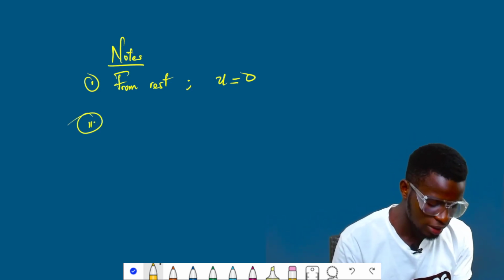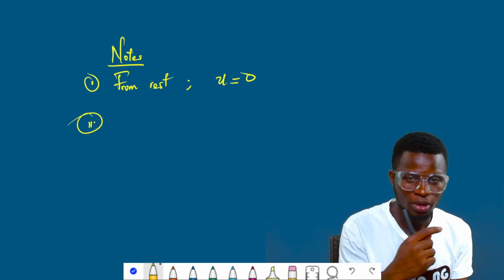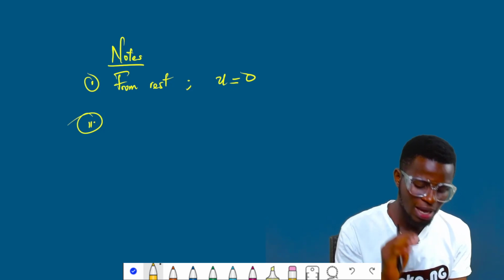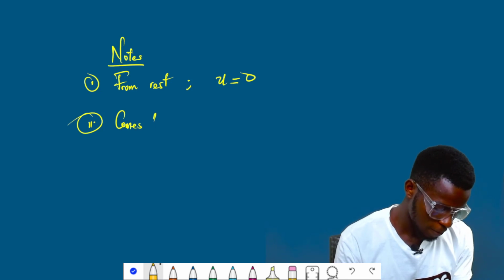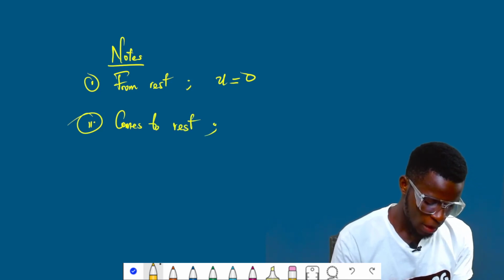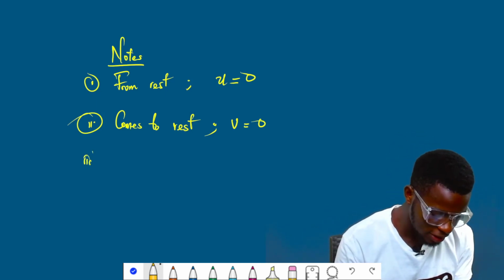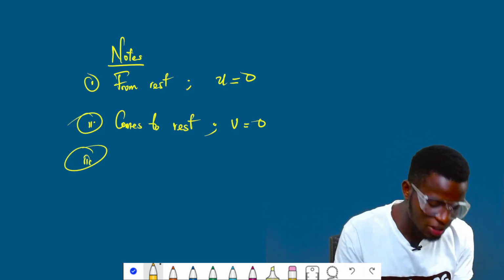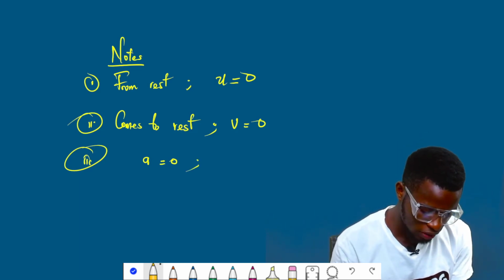The second note is that when an object comes to rest or stops, the final velocity is equal to 0. The third case is when a body's velocity is constant, that is, when the velocity is not changing at all, then acceleration a is equal to 0.